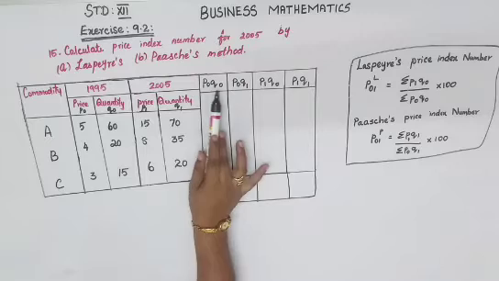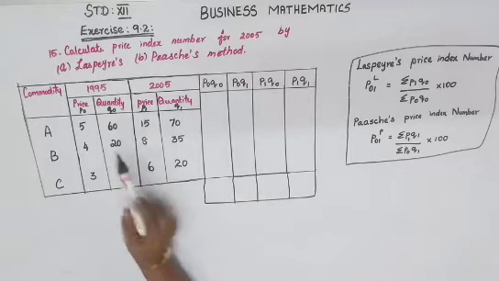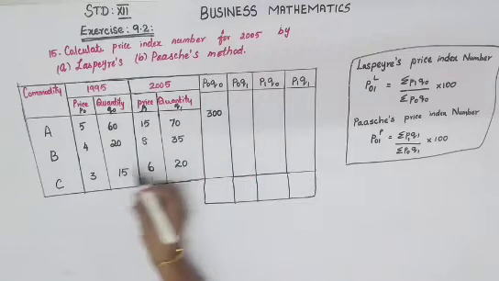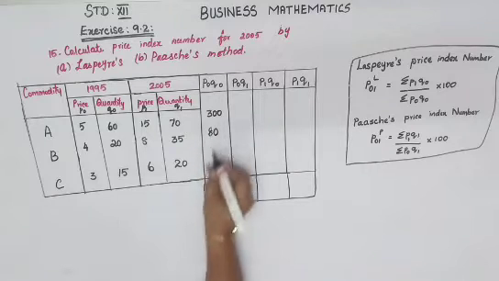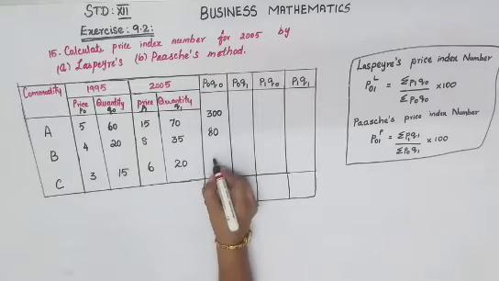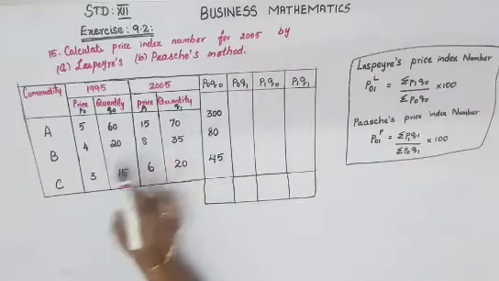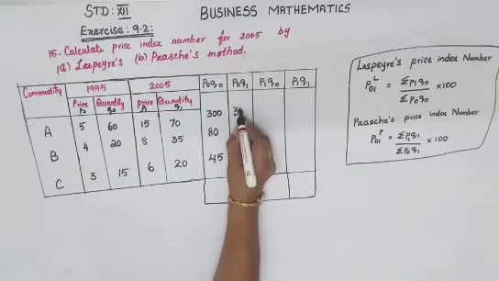So first is P0 Q0. 5 into 60 you will get 300. Next is 4 into 20, you will get 80. Next is 3 into 15, you get 45. The next column is P0 Q1, first and last columns. 5 into 70, you will get 350.